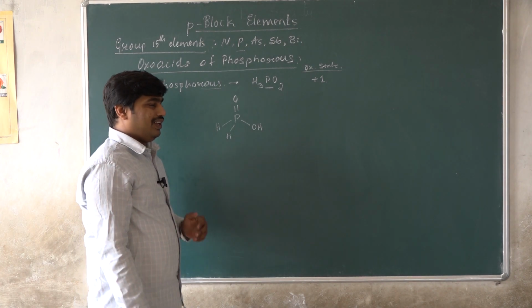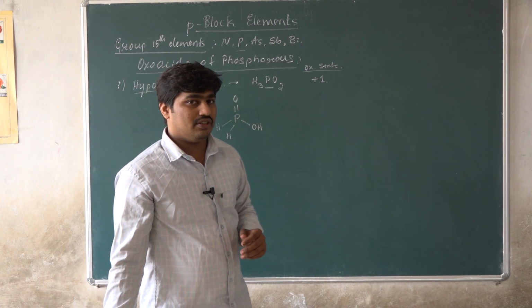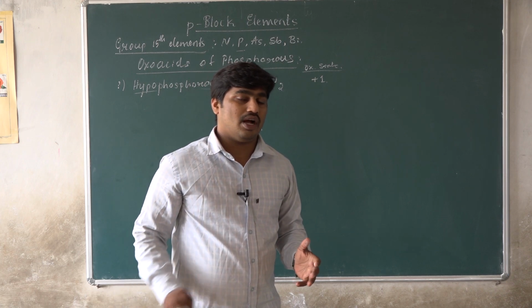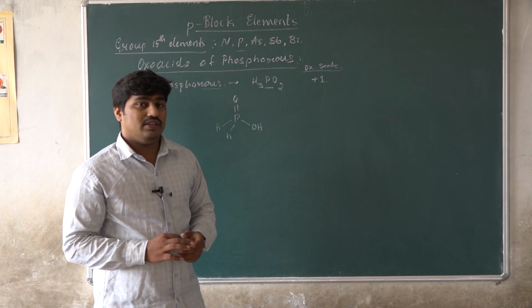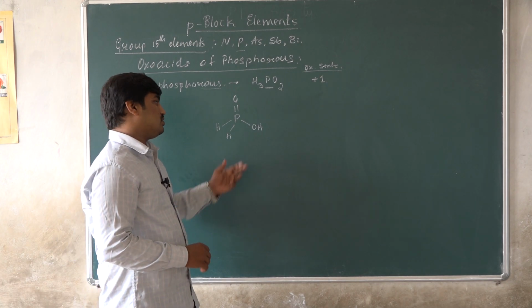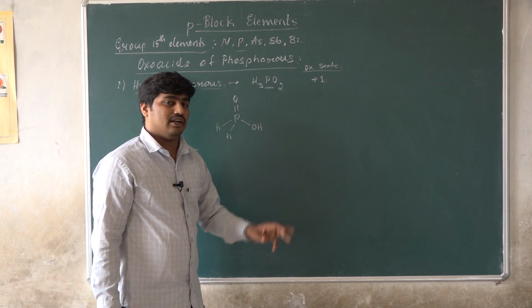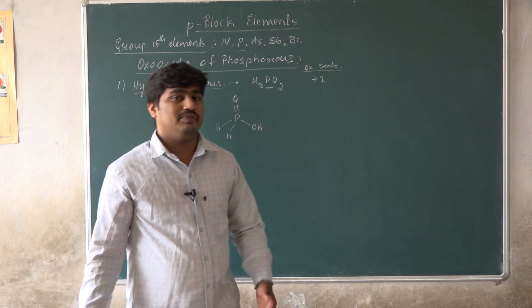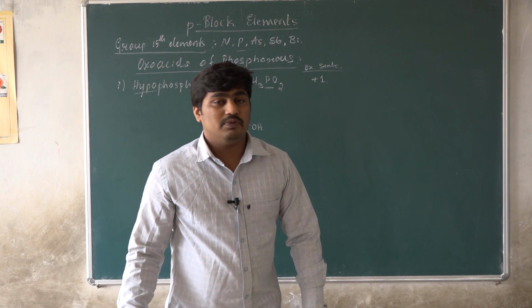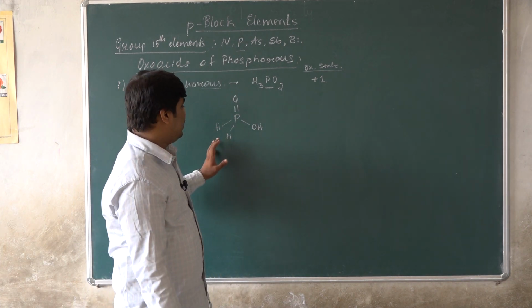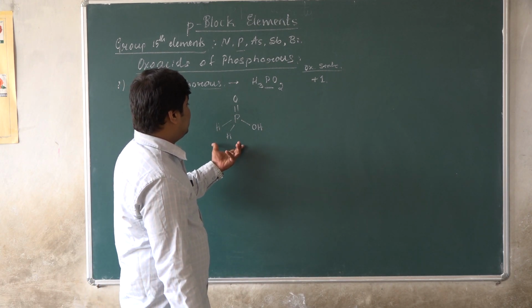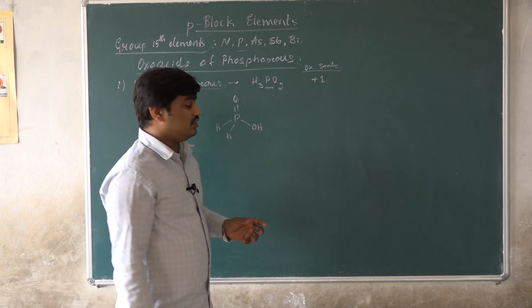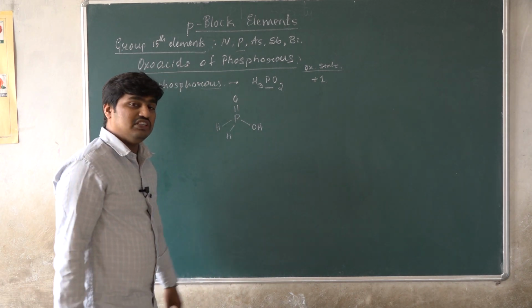If you know about the hybridization of phosphorus compounds, the conclusion is that phosphorus is mostly tetrahedral, because sp3 hybridization is observed in phosphorus in almost all its compounds. That's why the structure is represented in this way.